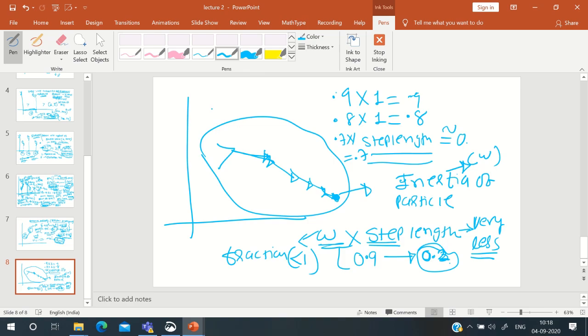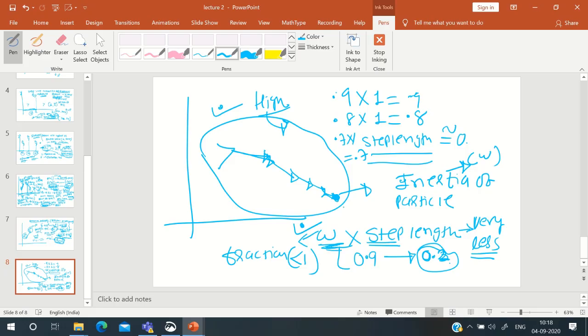So remember this concept. In the initial phase, you may take a higher step length, and as the number of iterations increases, the step length should be decreased, right? And we can use this equation, W or omega into step length.